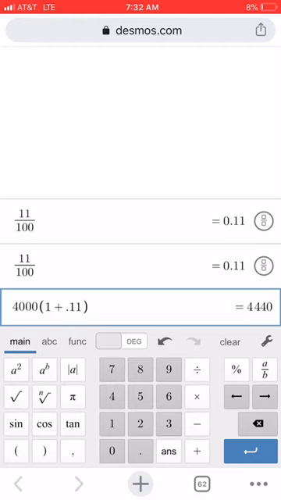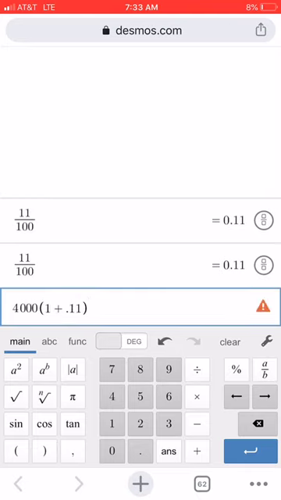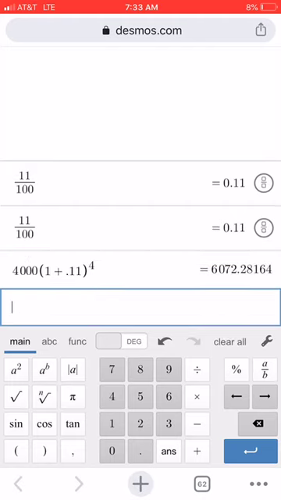Close parentheses. Now, how do we get that little 4 to be up there at the top? On your top left, underneath the word main, there's an A2, and there's an A with a little B up top. We're going to press the middle one, the one that has an A with the little B up top, and it makes our number go up top. 4 years.